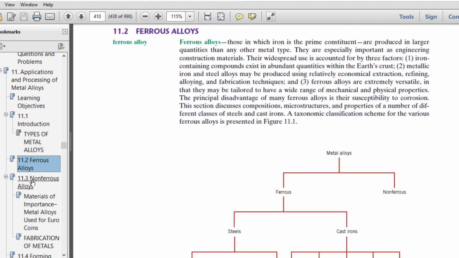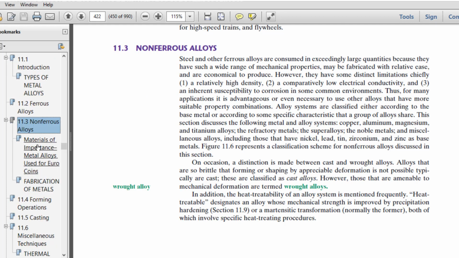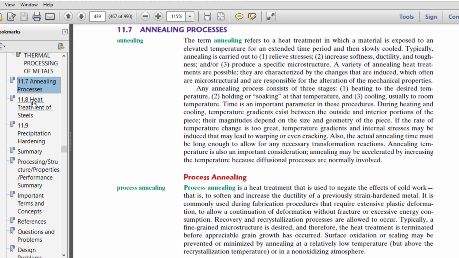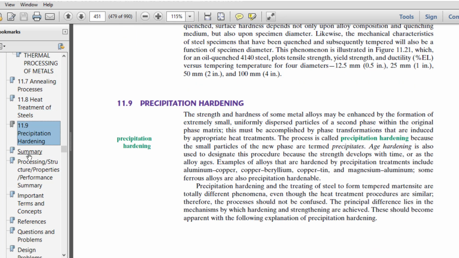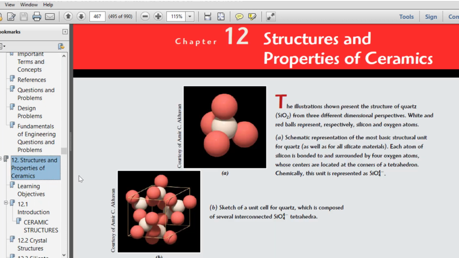Different types of metals and alloys, what are alloy steel, non-alloy steel, or high alloy, low alloy, okay, annealing process, heat treatment, precipitation hardening, okay, these concepts are there. Then chapter 12 basically talks about ceramics.